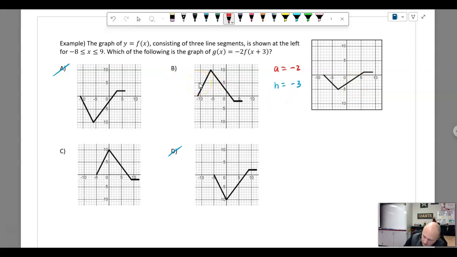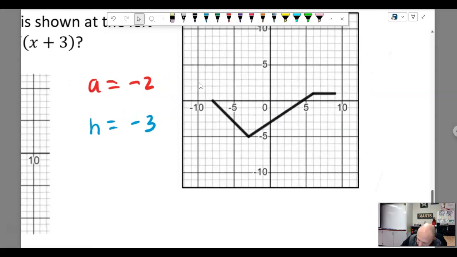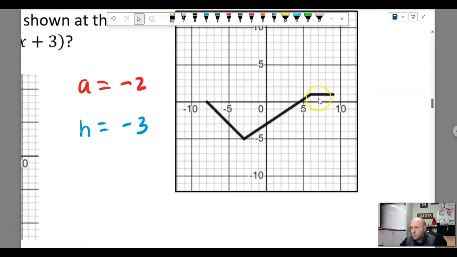But again, something you can do is take these values. This value is 1. I can multiply by -2. So this value would be reflected and then stretched by a factor of 2. Then this value of -5 would be up at a positive 10, up here. So this is the reflection component, and then this value is 0, so it's going to stay exactly the same, but it will reflect.